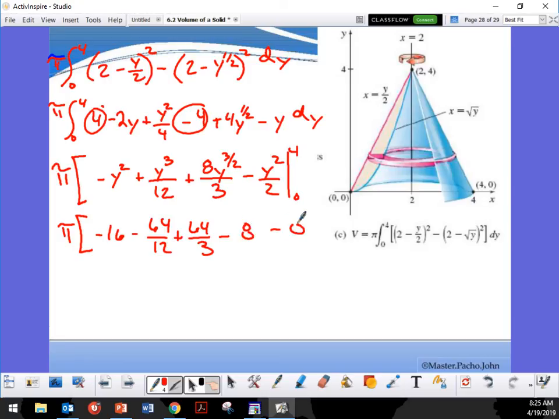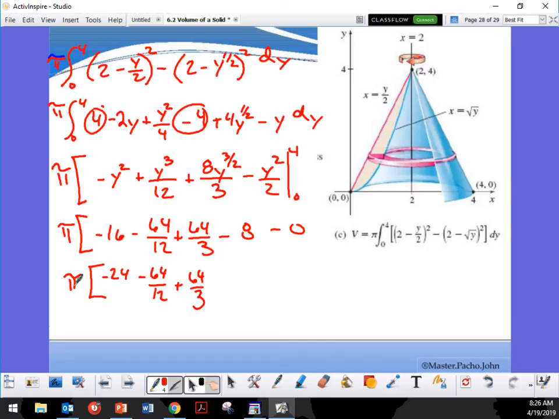That's minus 0, which is my lower bound. Why do you have negative 64 over 12 if it's going to be positive?